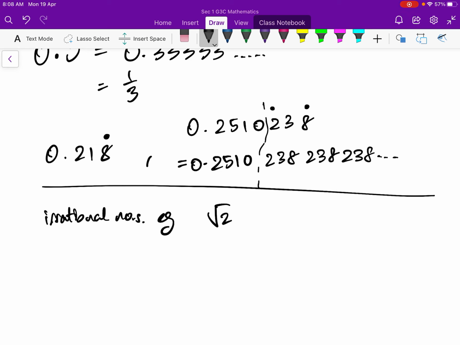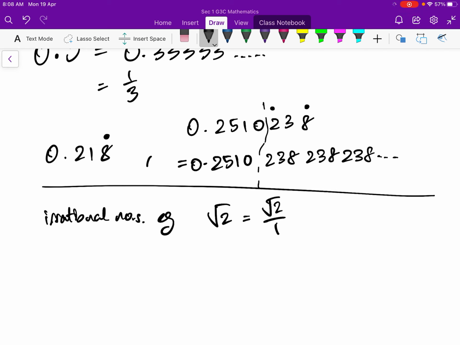You cannot write it as a fraction where you have a and b and they are integers and b is not equal to 0. The best you can do is square root 2 over 1. But it doesn't satisfy. Your numerator is not an integer. It is still irrational. So these are irrational numbers.